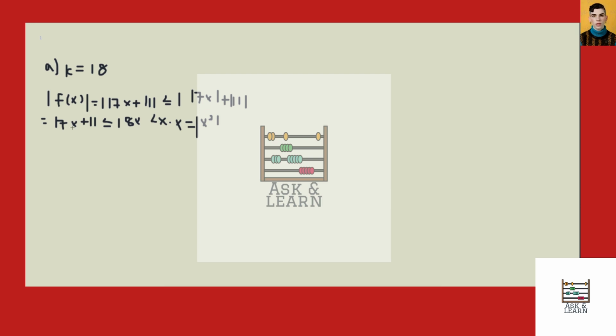So we need to choose c to be at least 1, so c is 1, and we see that this is a big O notation with k equals 18 and c equals 1.